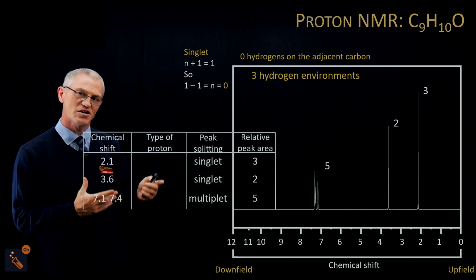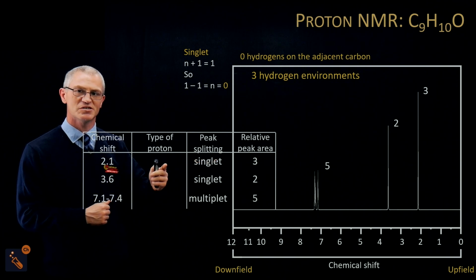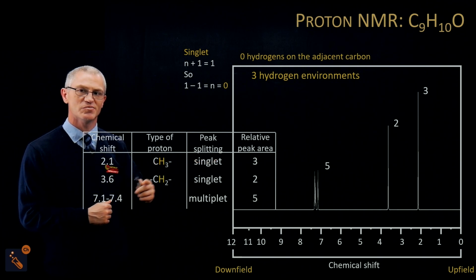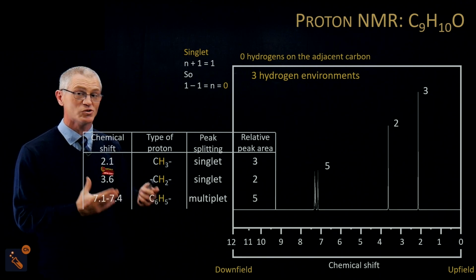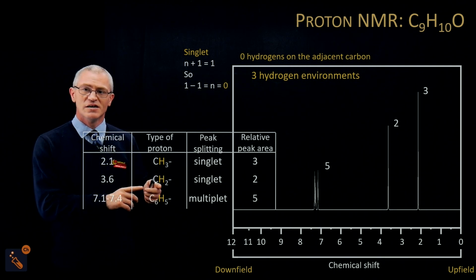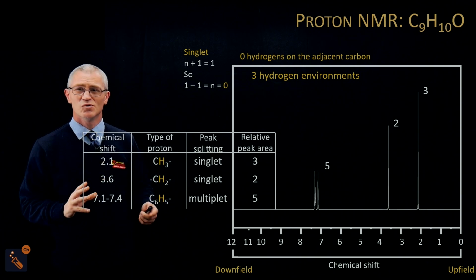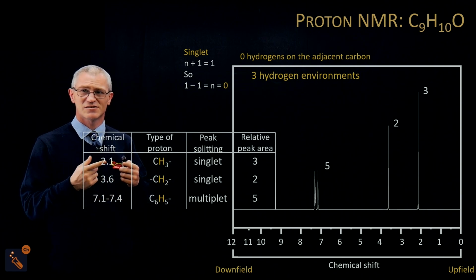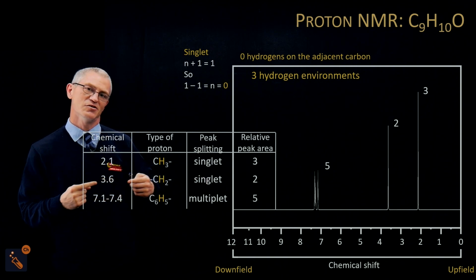Now, if we start to have a guess as to what these are. First of all, we think this might be CH3 because of the relative peak area, that might be a CH2 because of the relative peak area. We think that might be benzene. We're sure that's benzene because that's all that appears in that area. If we then look at the data sheet, which can make it more confusing, this could be next to a C double bond O, and this could be next to a C-O.